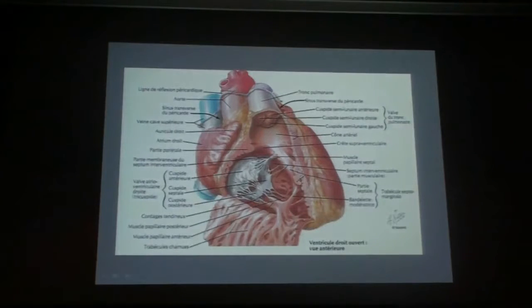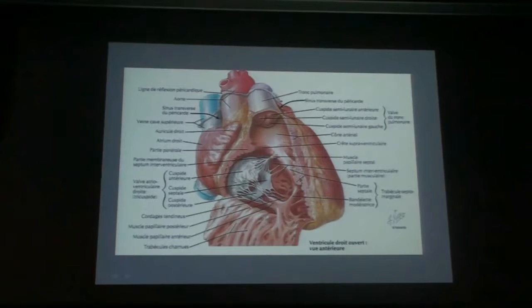If you open the right ventricle, you can see that it has the shape of a triangle, and this triangle is quite important to know because it is called the triangle of dysplasia. And why is it called that way? Because in certain diseases you have dysplasias of the lateral wall of the right ventricle, from which originate very serious ventricular arrhythmias, especially in young people.